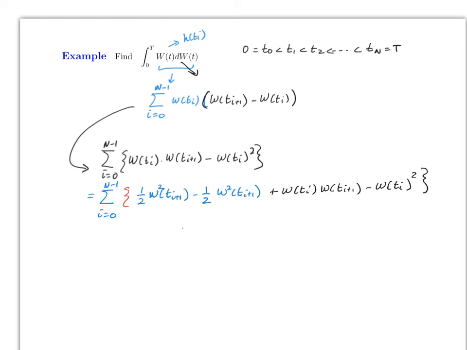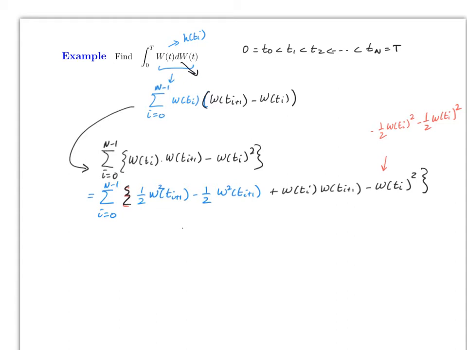Okay. Notice that this you can rewrite as minus 1/2 W(t_i) squared minus 1/2 W(t_i) squared, because minus 1/2 minus 1/2 is minus 1.